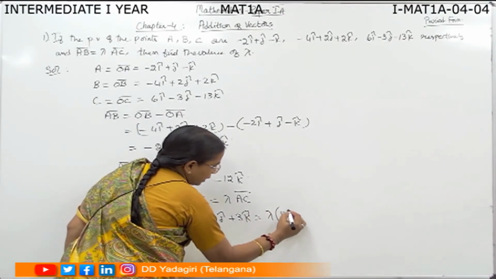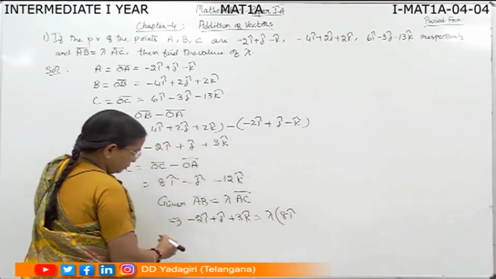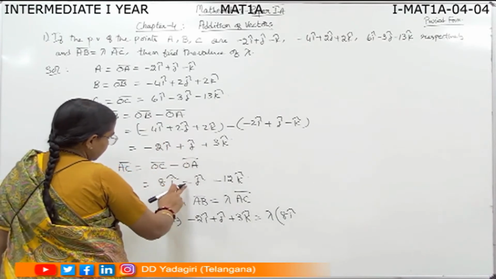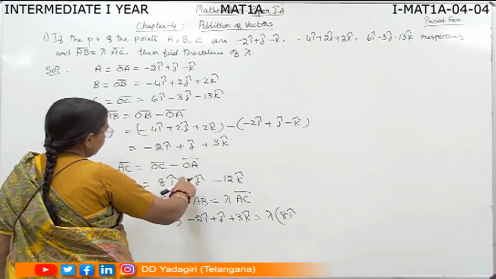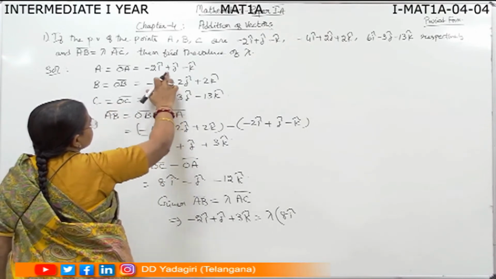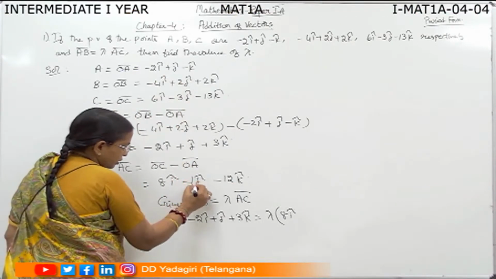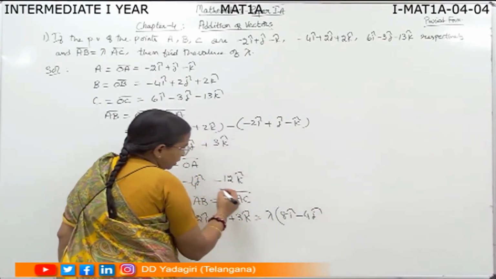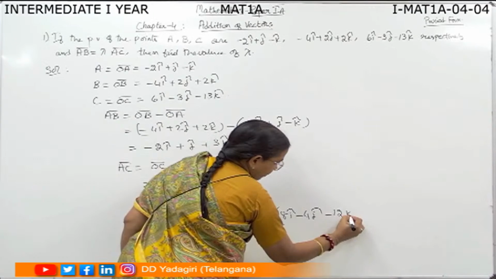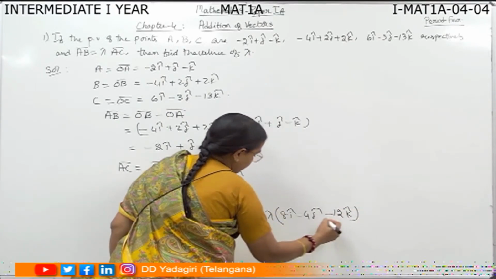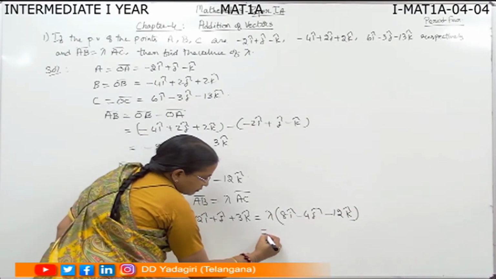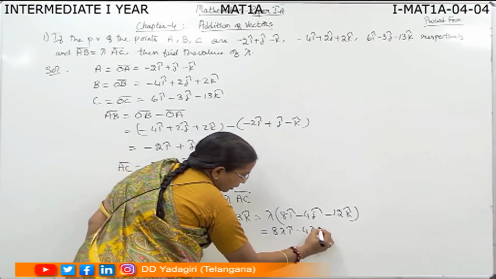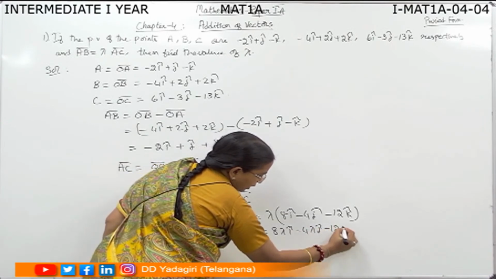Substitute AC, which is 8i minus 4j minus 12k. Now we'll simplify this: 8 lambda i minus 4 lambda j minus 12 lambda k.